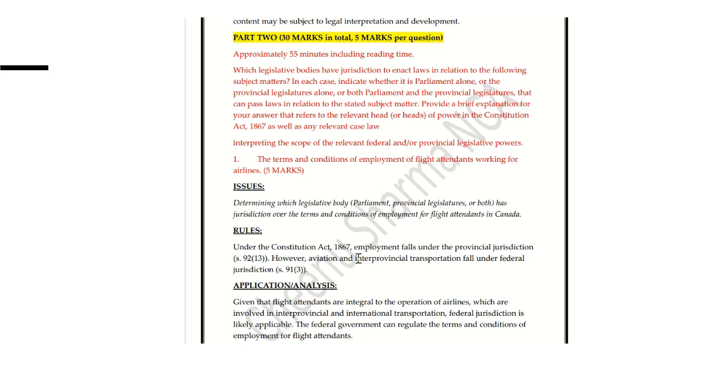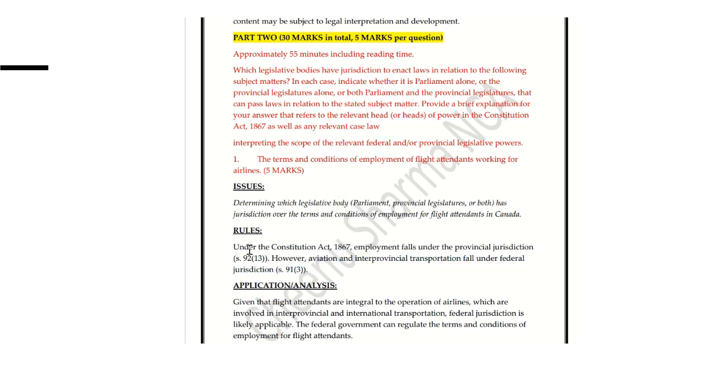So when you look into section 92(13), employment falls under provincial jurisdiction, but now the issue is that when we talk about flight attendants, aviation and interprovincial transportation come into the picture. So this is the subject matter of federal jurisdiction.